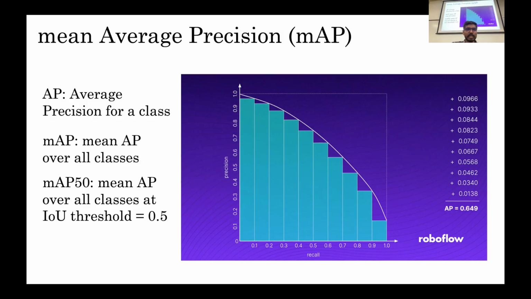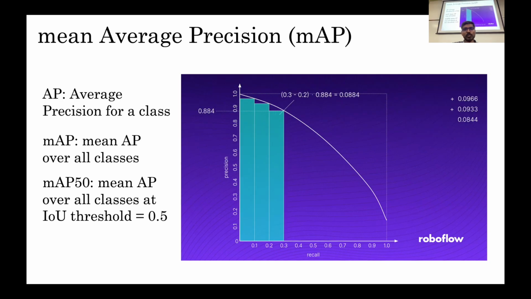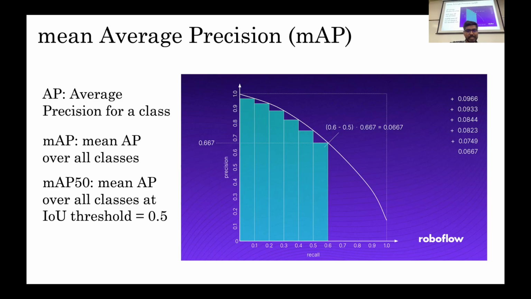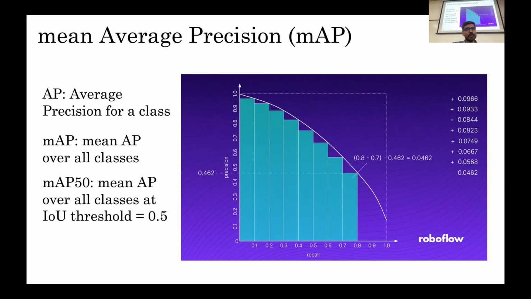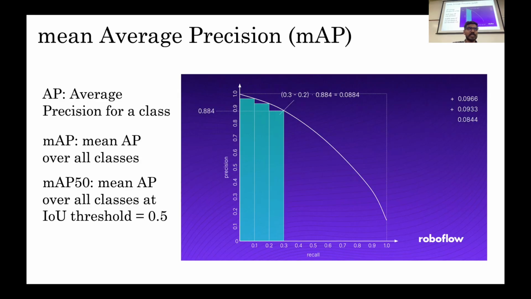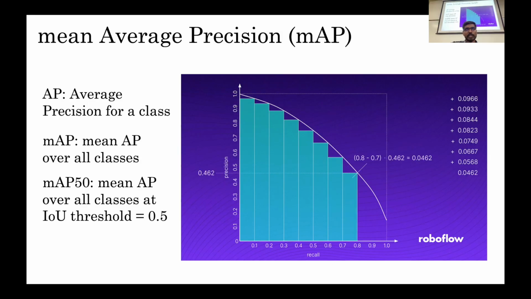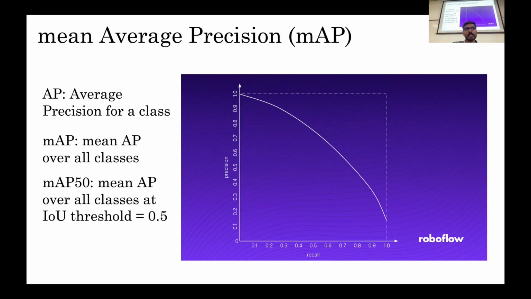To compute mean average precision, first we compute something known as average precision, which is computed per class. This animation shows exactly that: on the x-axis you have recall, on the y-axis you have precision, when you draw the precision recall curve. Now you check, if you bin between 0 to 0.1 recall, what is your average precision? Then between 0.1 to 0.2, what is your average precision? Like that, you do it for all the bins, sum all these numbers and take the average.